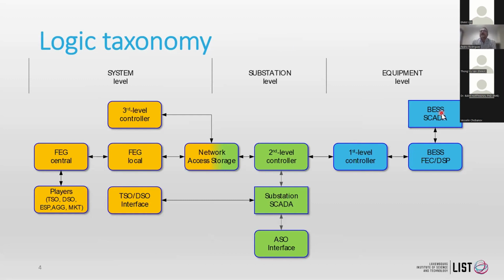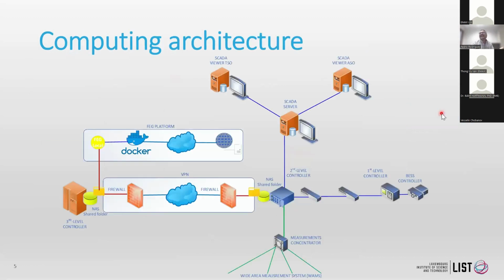At the substation level, the green area, we have the second level controller, which runs other algorithms focused on improving the performance of the area. This second level controller communicates with the SCADA from the system operator or other signals, interfacing with the system operator. And in orange, you can see the third level controller, the high level calculations.